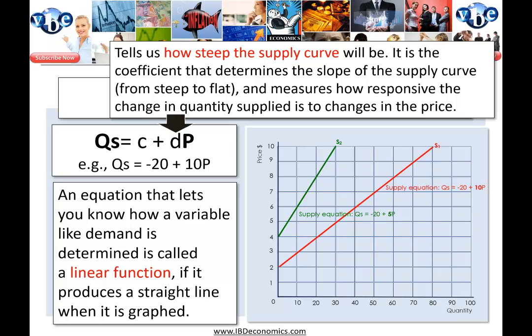So if we have a look at the supply curve there, S1 with the supply equation QS equals minus 20 plus 10p, that's relatively flat compared to the second supply curve there, S2, quantity supplied equals minus 20 plus 5p. And that means that supply 2, S2, this good or service is relatively less responsive to a change in price.